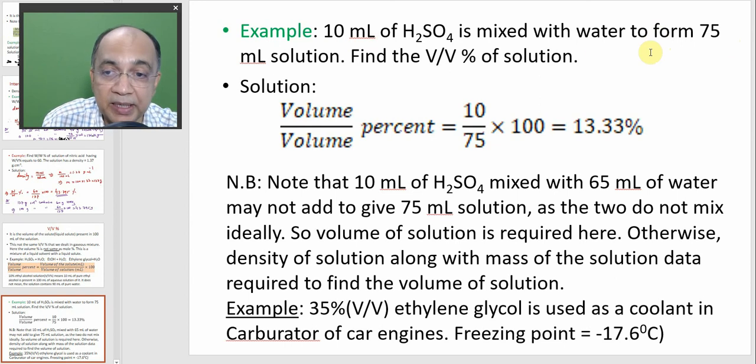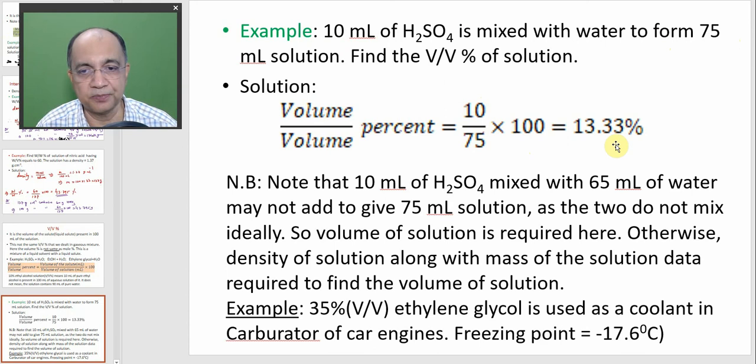Find V by V percent. So it's very simple. Volume of the liquid solute by volume of the mixture into 100 is 13.33%. Note that 10 ml of sulfuric acid mixed with 65 ml of water may not add to 75 ml, as the two do not mix ideally.